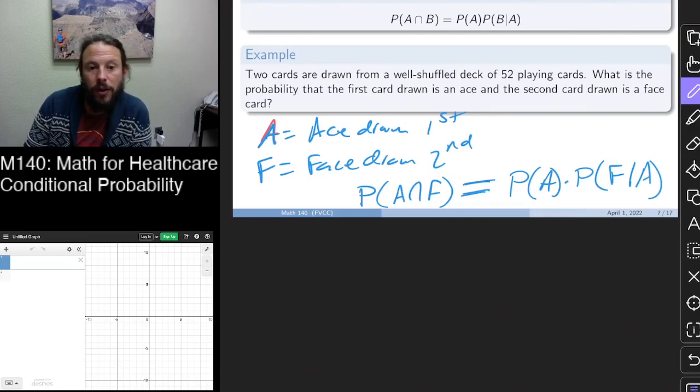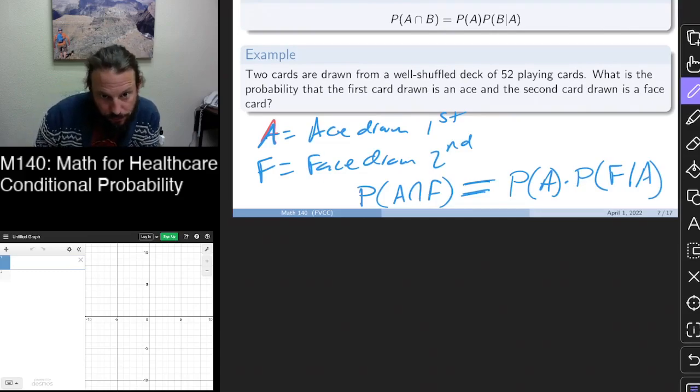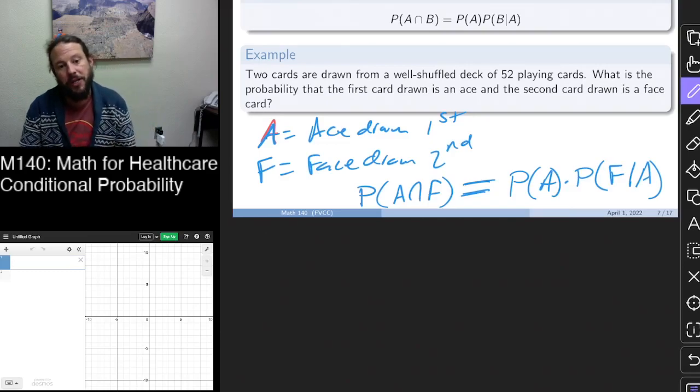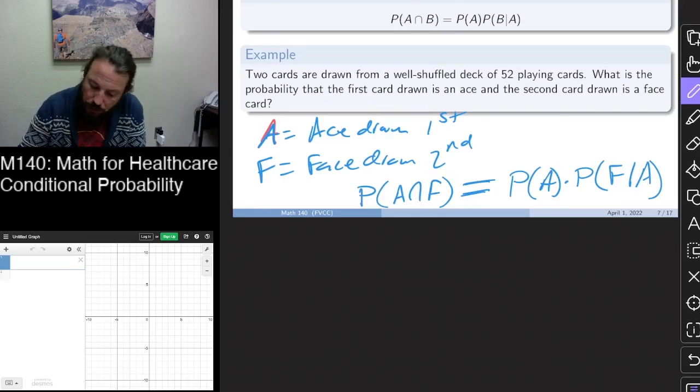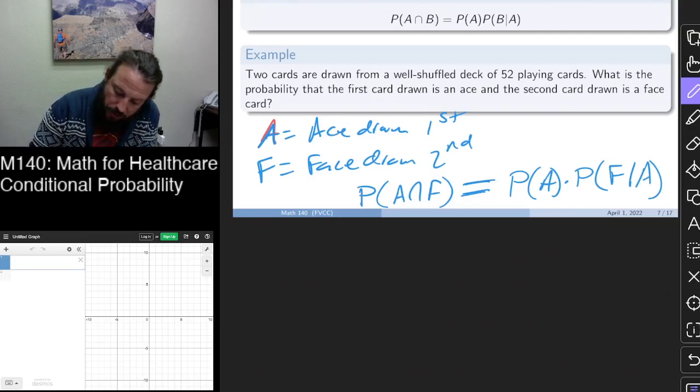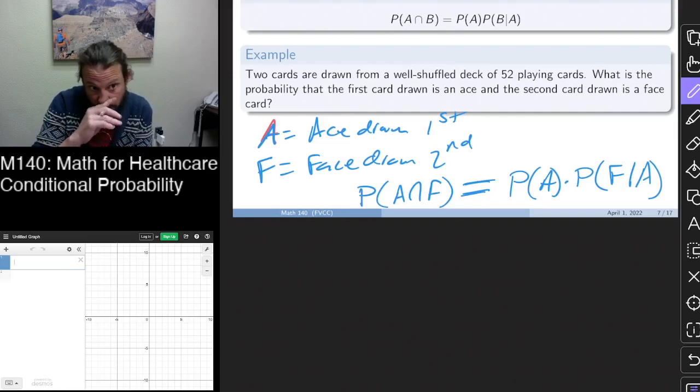That's our formula for that. And we could find these things, but I'm going to draw what's called a tree diagram here, because I think this is the best way to wrap your mind around a lot of conditional probability problems. So let's think about how we could draw this. It's going to be much like how we found the sample space for heads and tails.